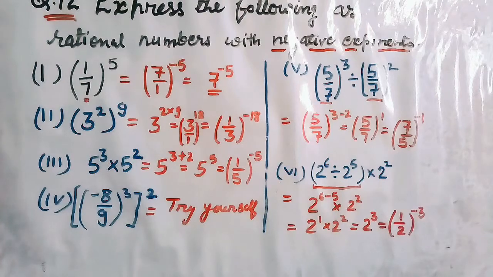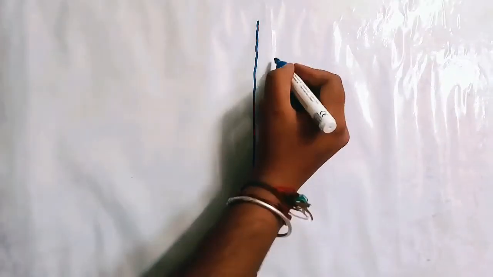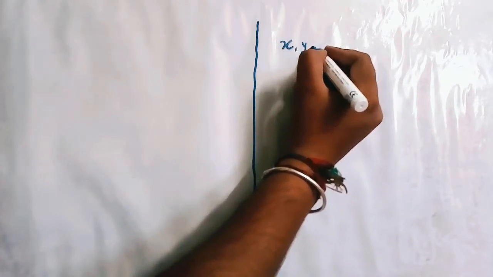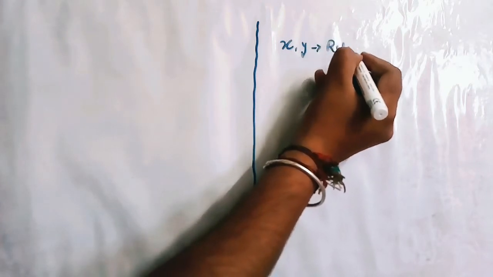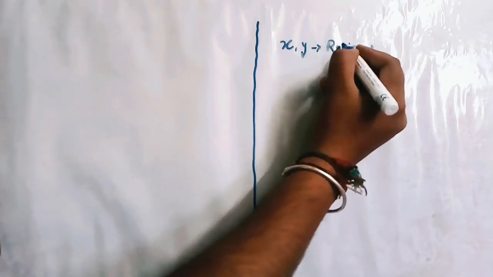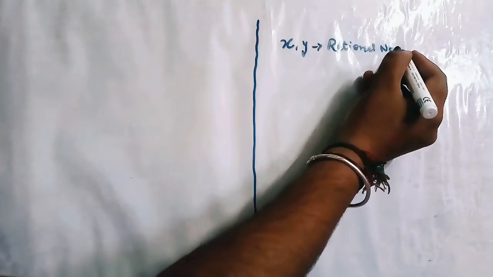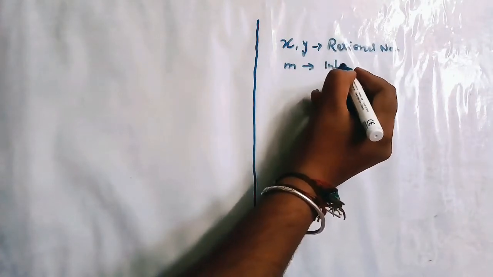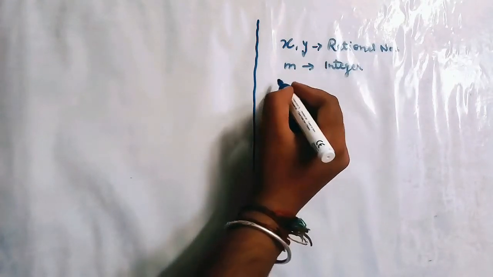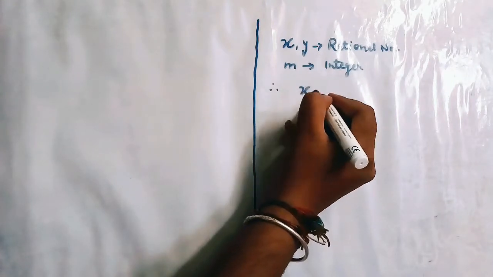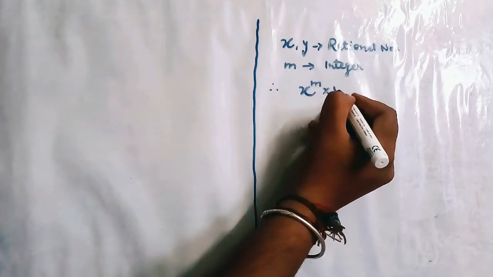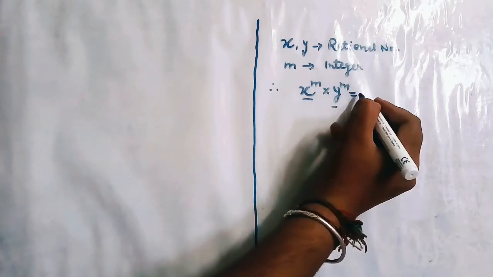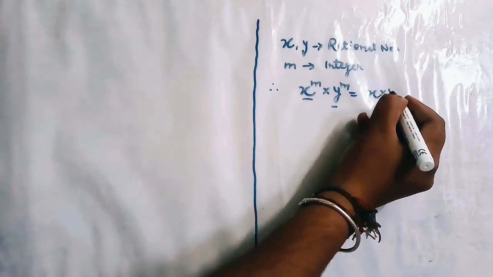Now let us see few more properties of exponents. If x, y are any rational numbers, and the power m is an integer, then the first property is x raised to power m multiplied by y raised to power m can be written as x multiplied by y.